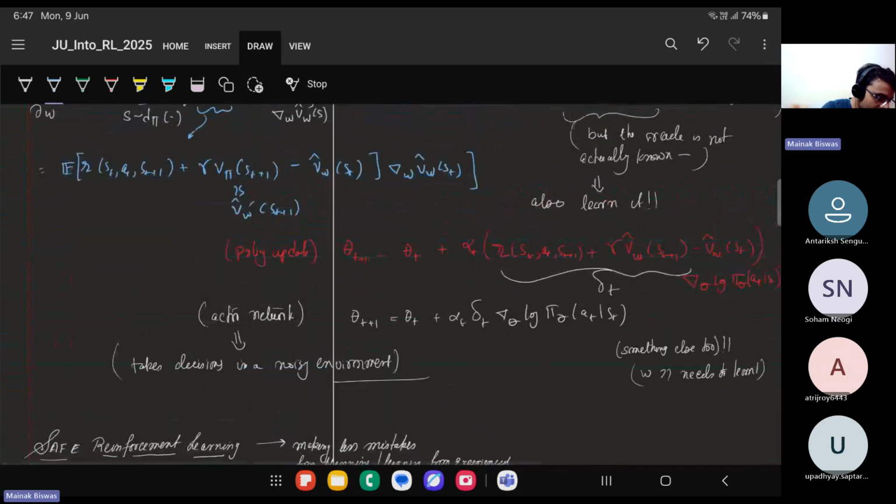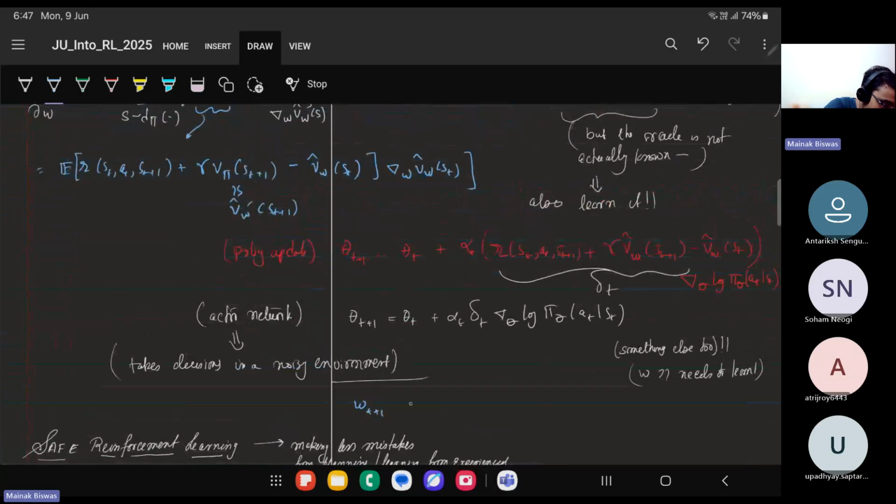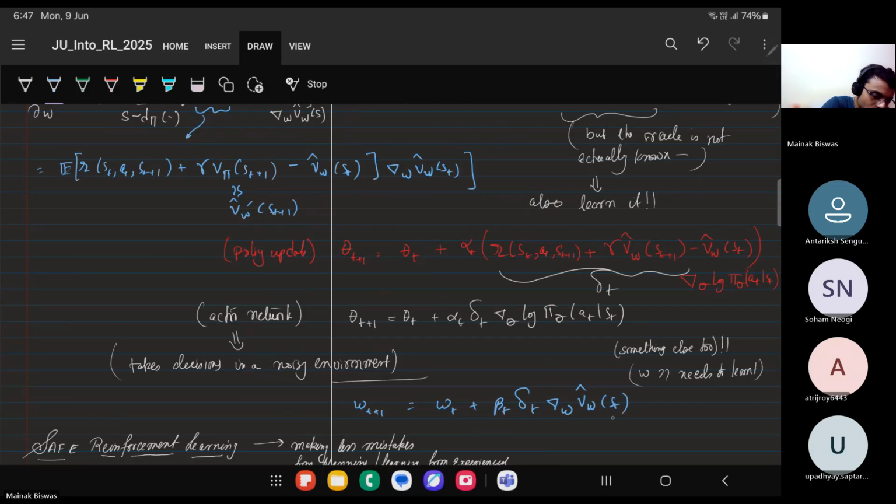So now you'll see the w_{t+1} is the same update, isn't it? w_t plus, say, beta_t delta_t. Clear? So this is the critic update from the star equation. I'm putting the star over here.